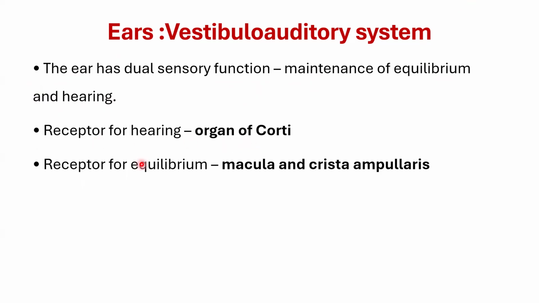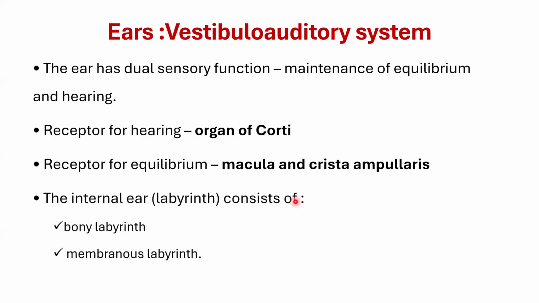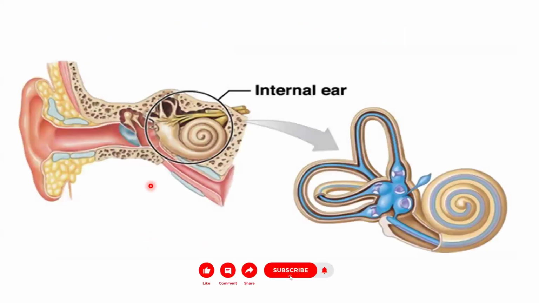The receptor for equilibrium is the macula and crista ampullaris. The organ of Corti, macula and crista ampullaris are found in the labyrinth. The labyrinth is of two types: bony labyrinth and membranous labyrinth. The bony covers the membranous labyrinth, as you can see here.